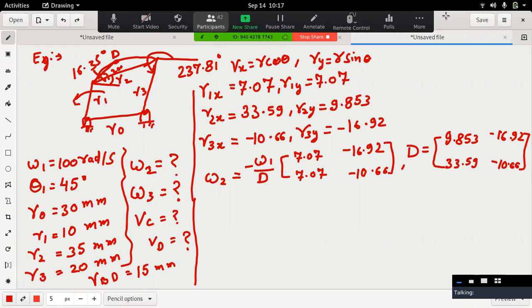If we further expand this, we can write: minus omega 1 is 100, it is given.